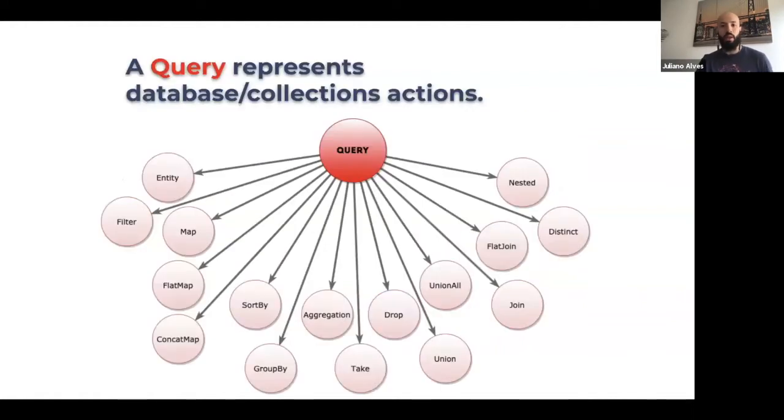The first one is a query, and a query represents database / collection actions. I call it that, in that sense, mostly because, working with Quill, we are writing collection-like Scala code, right? So I don't write, I don't know, cars.where. I want to write cars.filter. That's the reason why we have this filter one here.